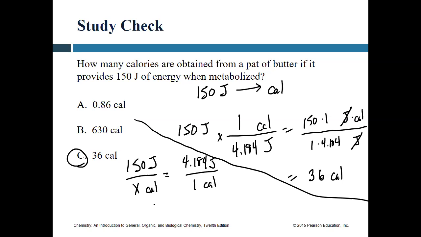Well, to solve a proportion, you cross multiply. So 4.184 times x is equal to 150. And so x would be 150 divided by 4.184, which would give us the same 36 calories.